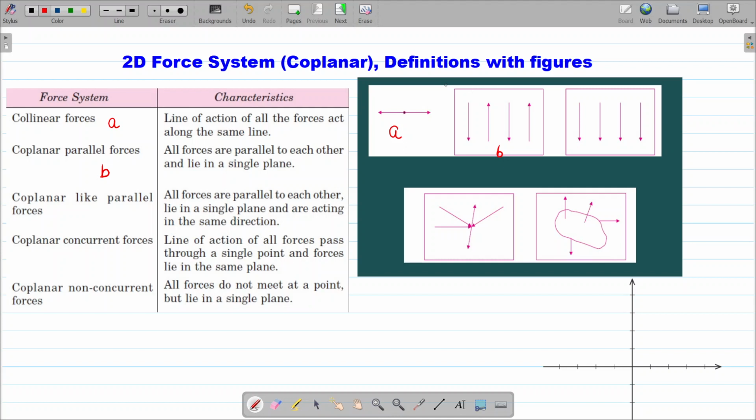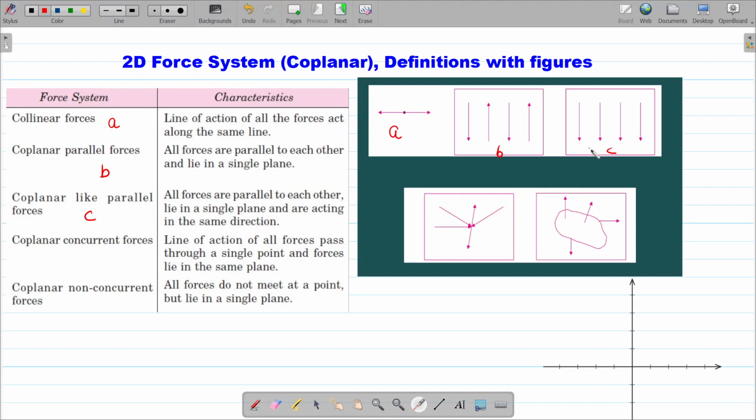This is our B. Now we go to the other one, and we call this one C. What is C? C is coplanar like parallel forces. It means all forces are parallel to each other, lying in a single plane, and acting in the same direction.